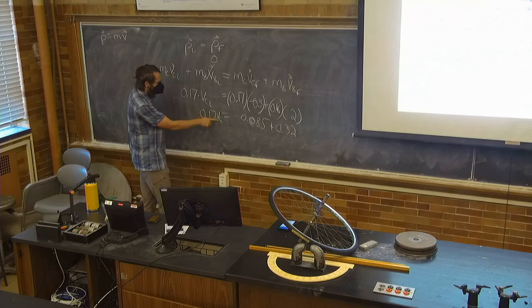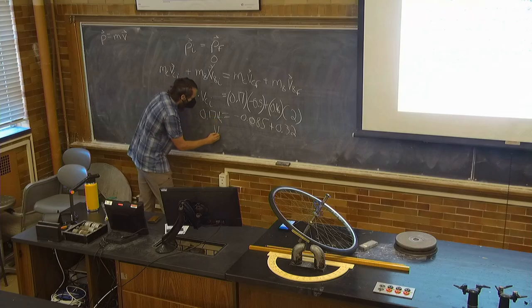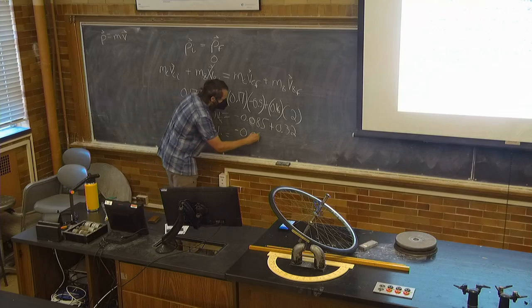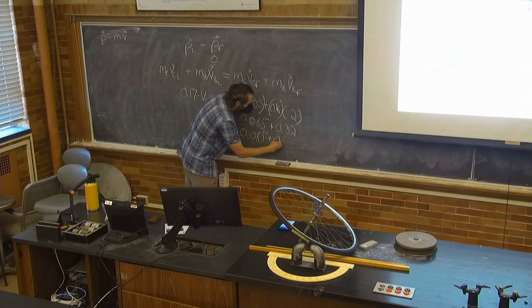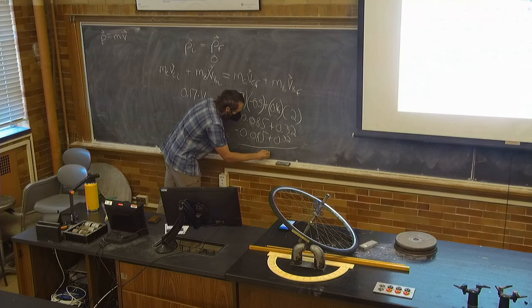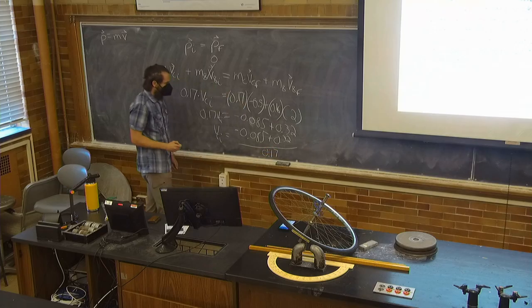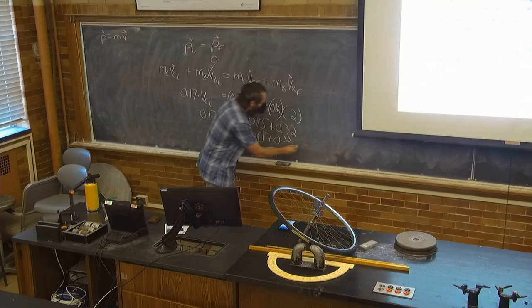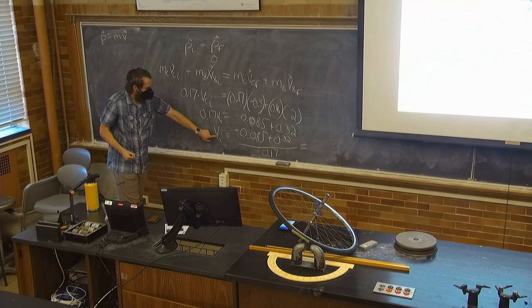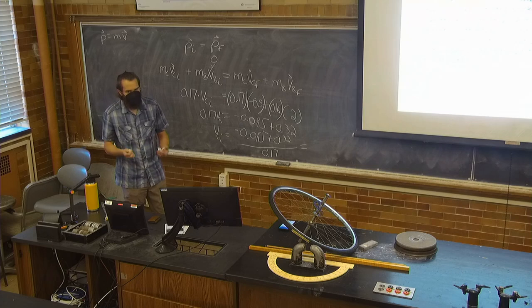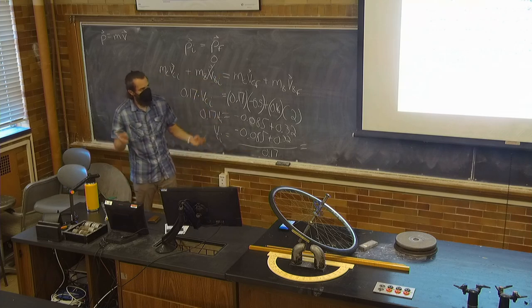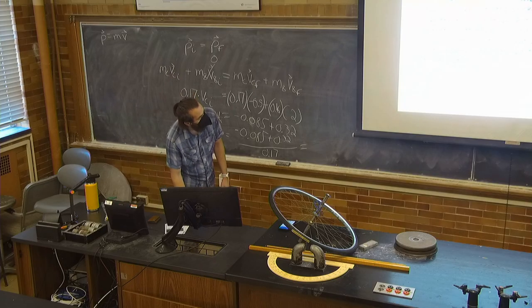And then to get the initial velocity by itself, we just divide both sides by 0.17. And so when we plug that into the calculator, we'll get what velocity we need to hit the cue ball at in order for us to make the shot and not scratch on the cue ball.